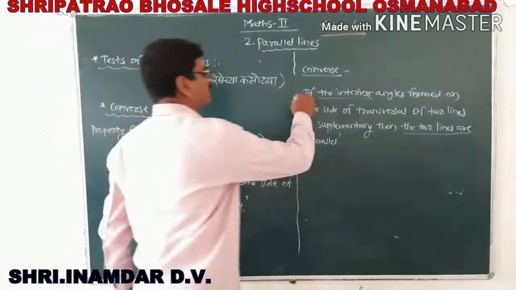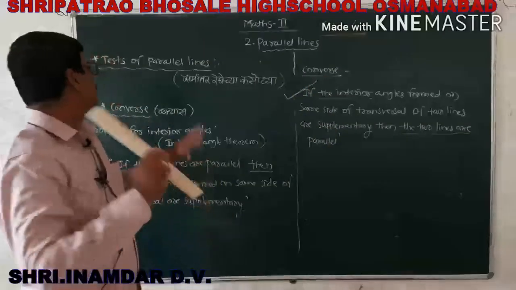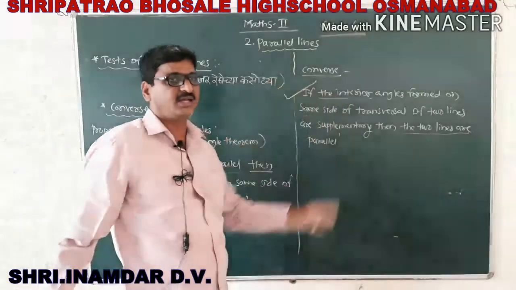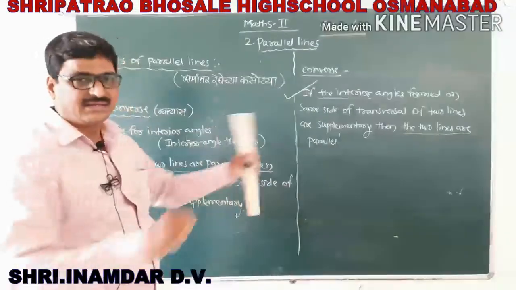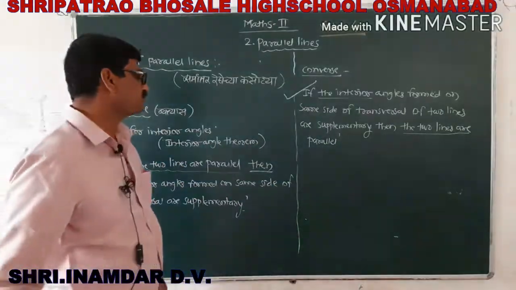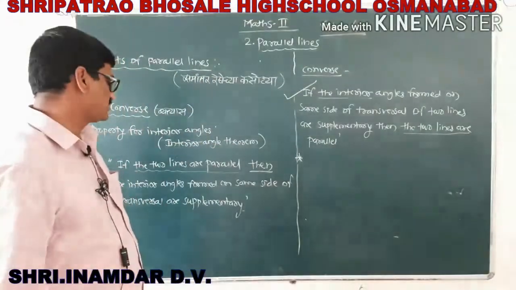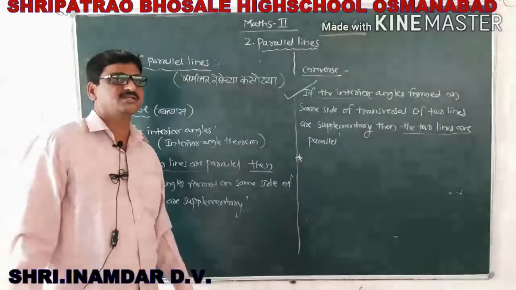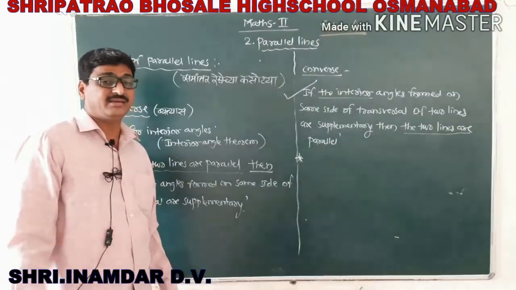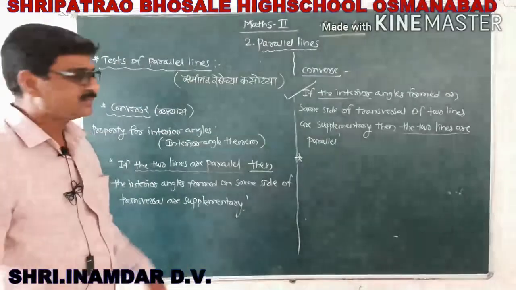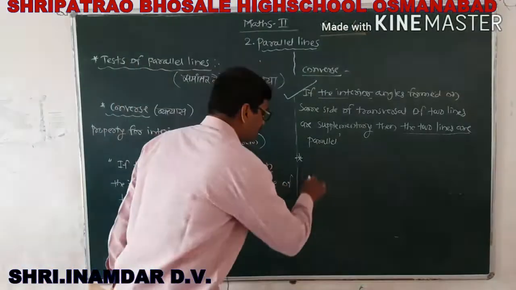So this statement is nothing but the test of parallel lines for interior angles, or the interior angle test. Then second, we see corresponding angles. We know the theorem of corresponding angles: if two lines are parallel, then a pair of corresponding angles are congruent. आता देनच्या नंतरचं वाक्य इथं आपण if ला जोडूया.